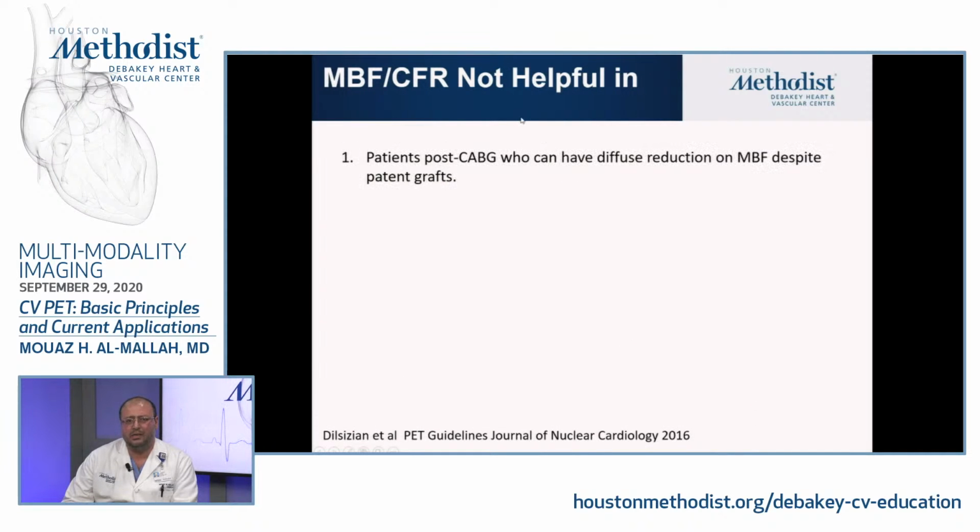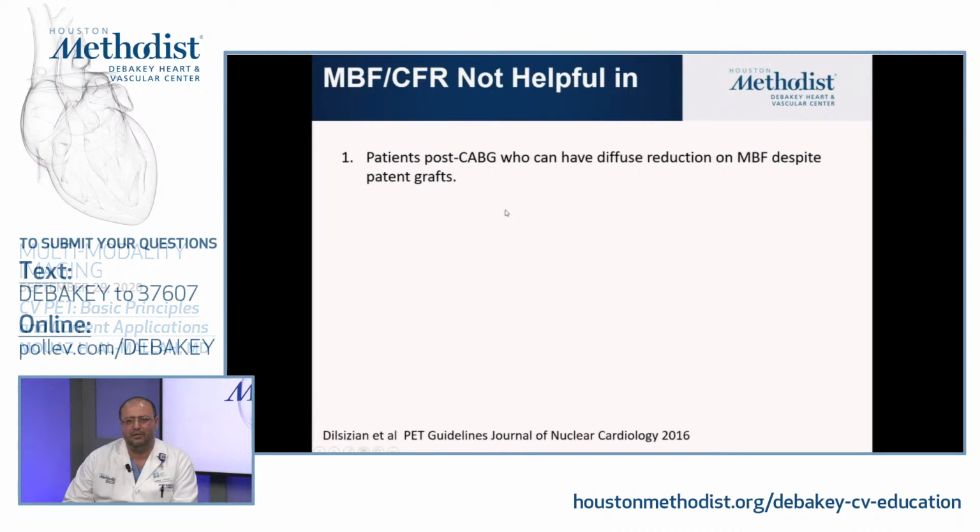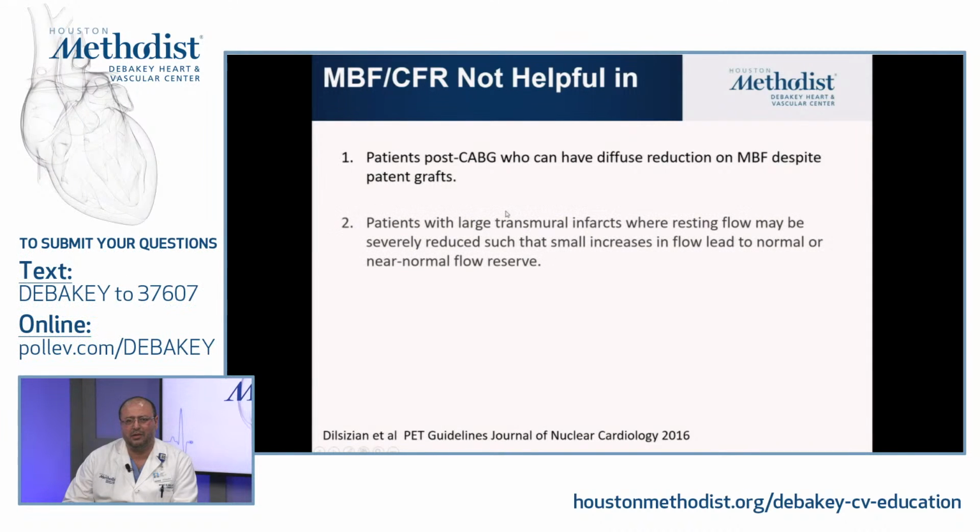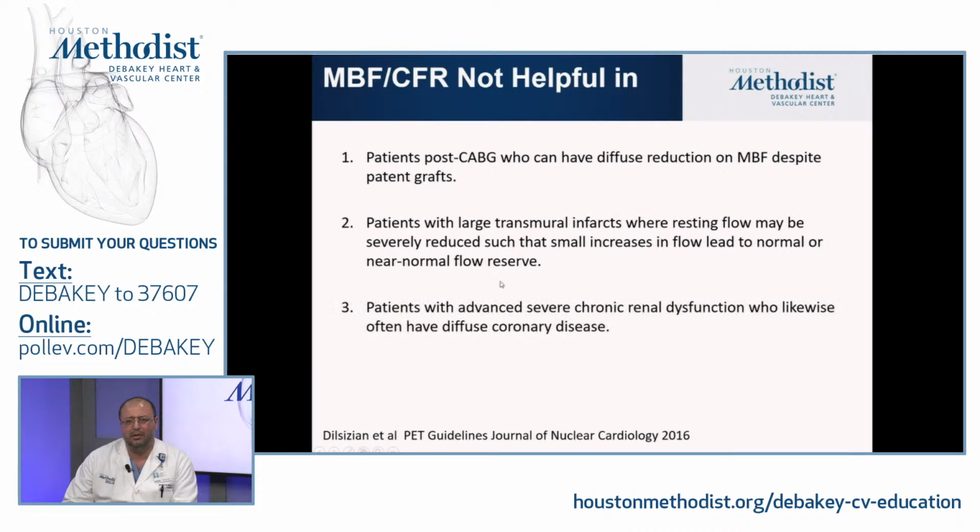Now, where it is a little bit more difficult to interpret among post-CABG patients because most of them have reduction in myocardial blood flow due to the extent of atherosclerosis they have. Among patients with large MIs in these territories, the flow is reduced, so the global number may be low.